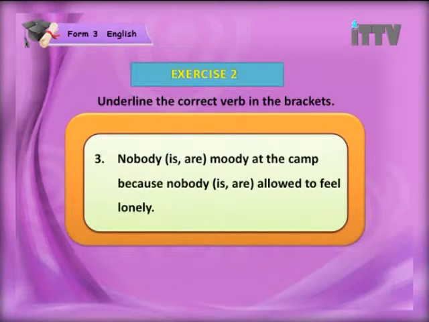Number 3, nobody, brackets, is, are, moody at the camp because nobody, brackets, is, are, allowed to feel lonely. Now, here you are given 2 brackets, so you are required to give 2 answers. All right, let's look at the answers. Nobody is moody at the camp because nobody is allowed to feel lonely.